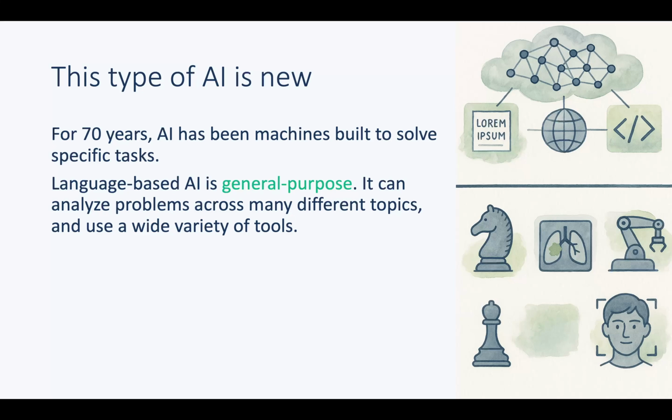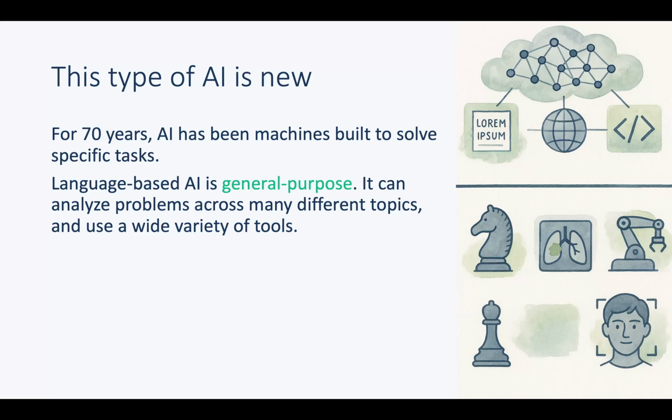And this type of AI is new. AI as a concept has been around for 70 years or so, but for most of this time it has been machines built to solve specific tasks like playing chess, interpreting handwritten text, finding cancer cells in images and things like that. But since a few years, we have language-based AI that is more of a general purpose technology.